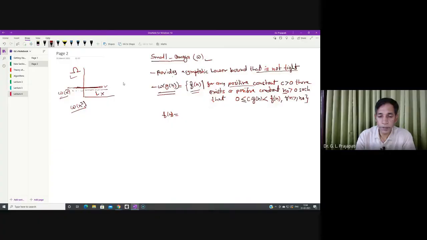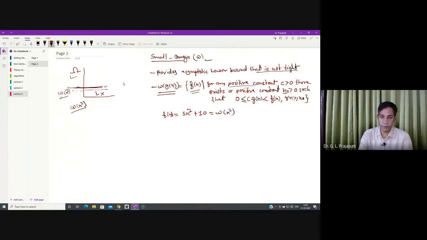So here f of n is 5n square plus 10. So what can you write with the help of small omega notation? Can you say this is small omega of n square?